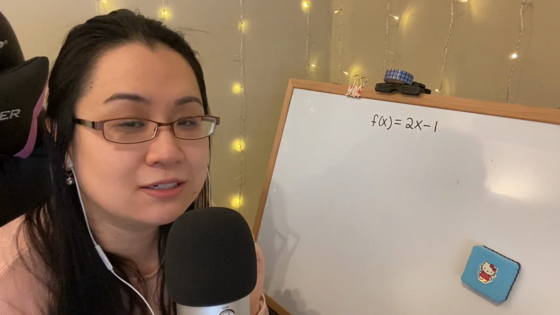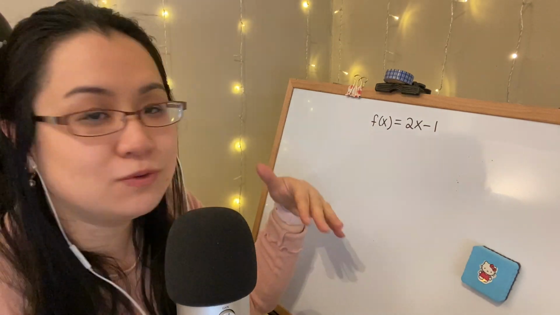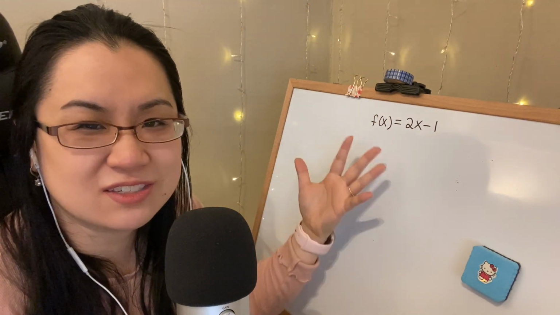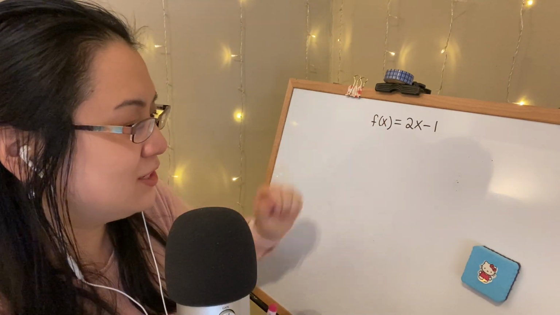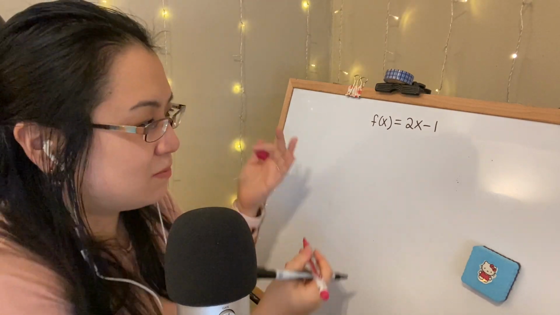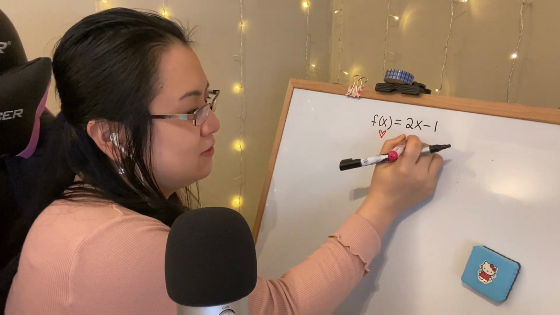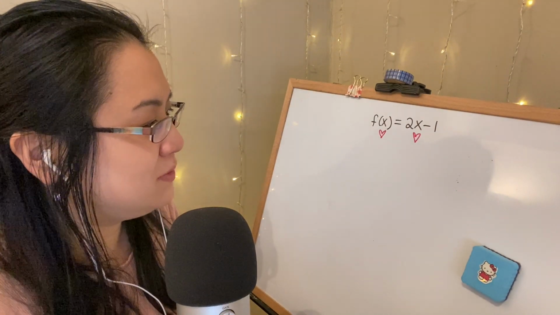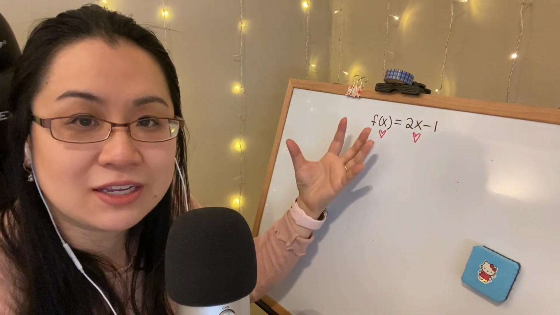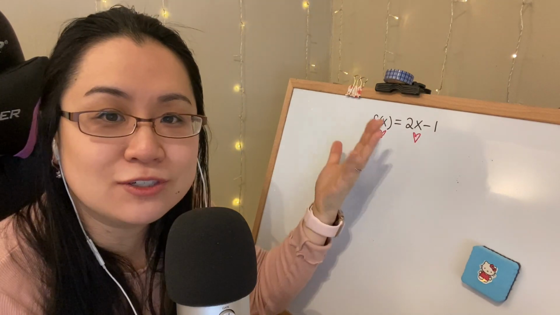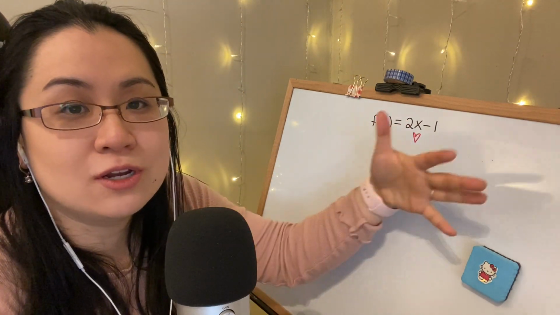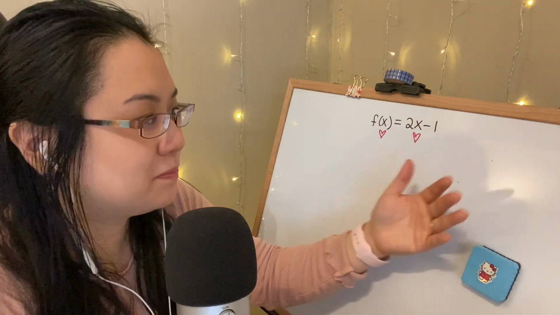That just means that if I give you some sort of input, my x is just a placeholder. I know it's kind of boring, but you can replace it with something else logically, okay? So it just means I give you something, and this is my set of instructions for what to do with it to give you a corresponding output.